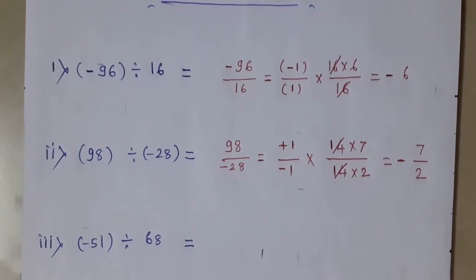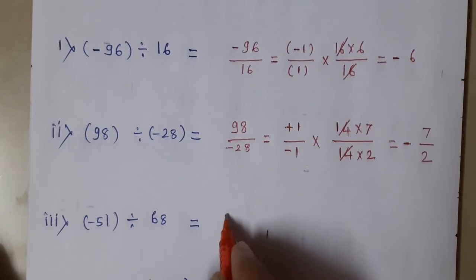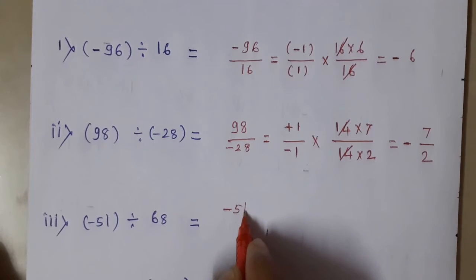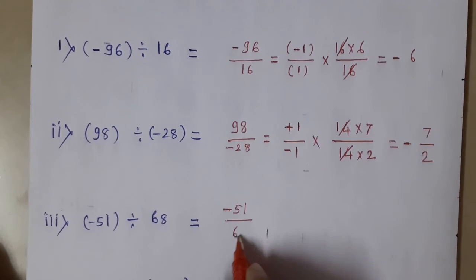The next example is minus 51 divided by positive 68.